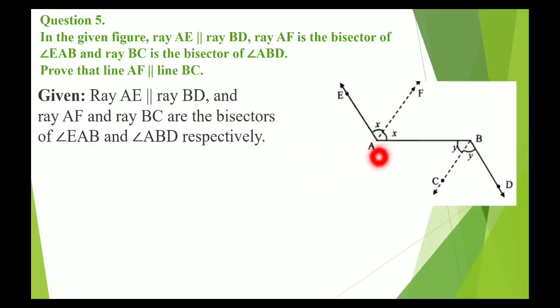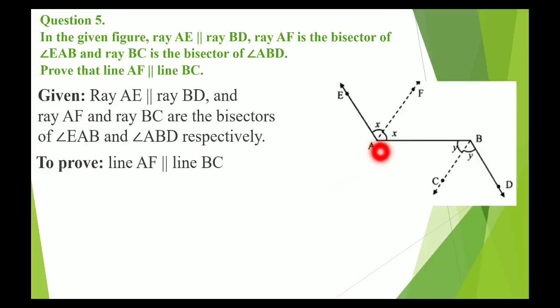Ray AE is parallel to BD, and ray AF and BC are the bisectors of angle EAB and angle ABD respectively. This we have written from given.